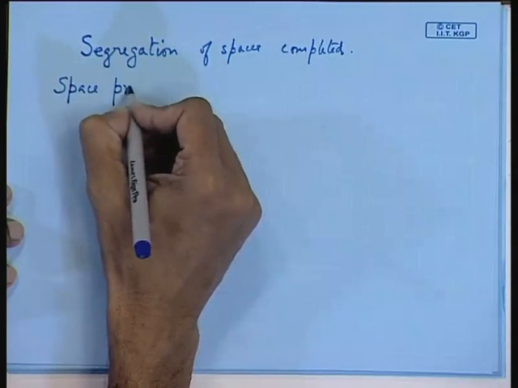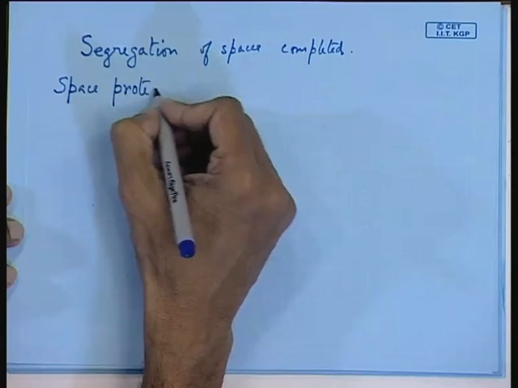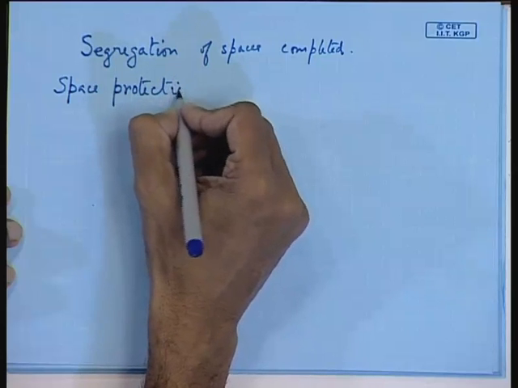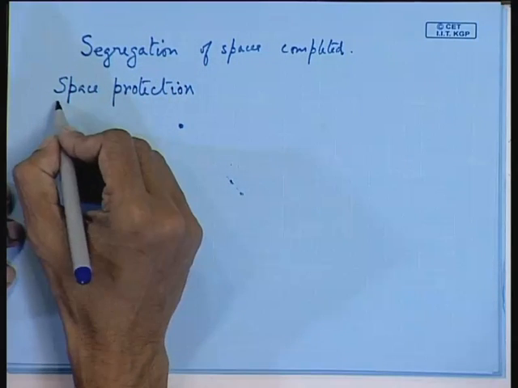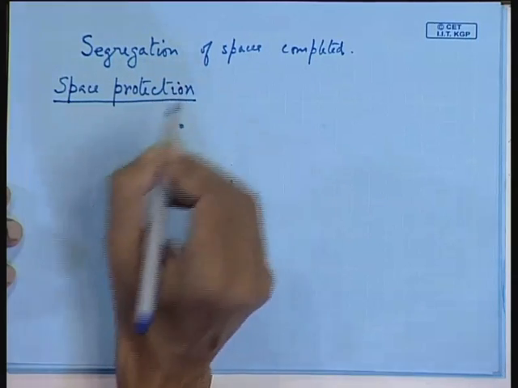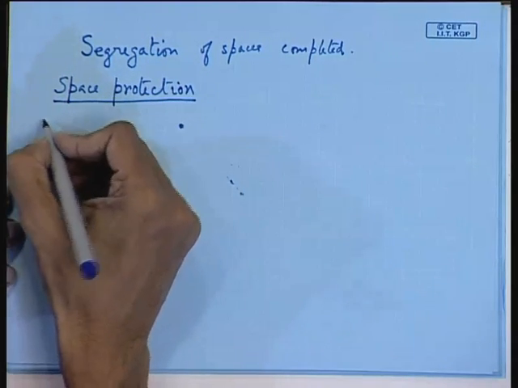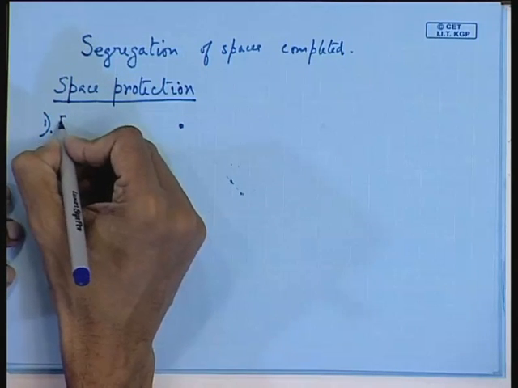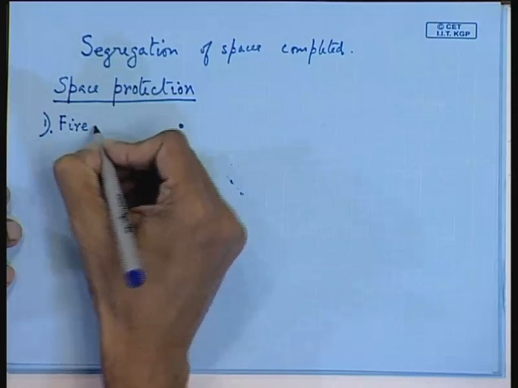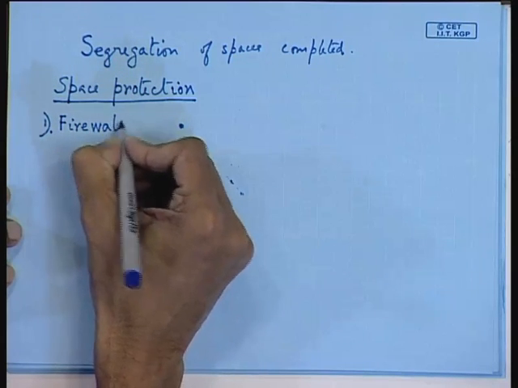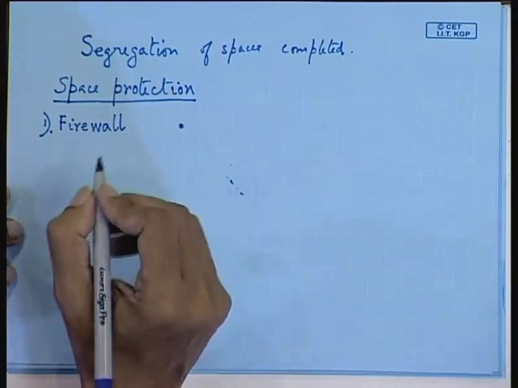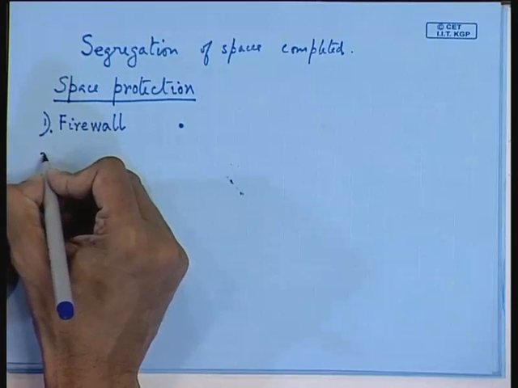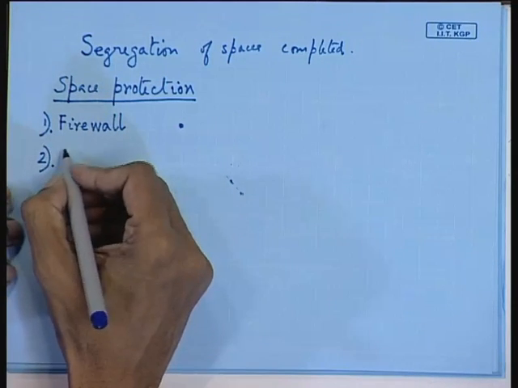Now all these are geared for fire protection. Now space protection you do by 3 means. First one is you erect what is called a firewall. Number 2, you erect a barrier wall.